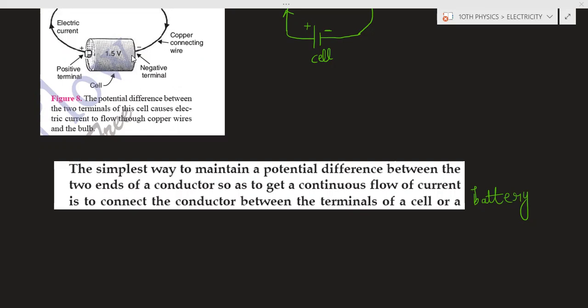So there are some redox reactions taking place inside this cell. Due to that, this terminal of the cell becomes positive, and this terminal of the cell becomes negative. Inside the cell, redox reactions are taking place. Due to those redox reactions, there is a potential difference of 1.5 volt.